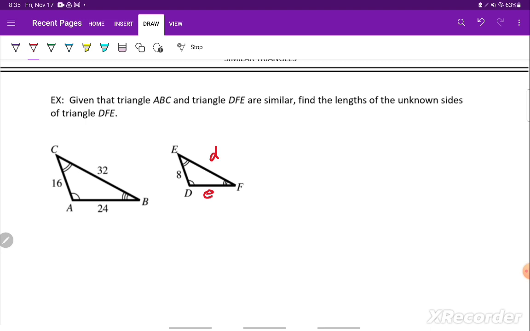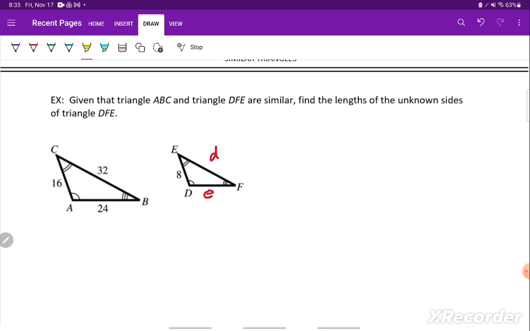We're going to solve for sides e and d by creating proportions and then solving. The way you make these proportions, there's a variety of options. This is a type of problem that I know you've seen before in a pre-algebra or a beginning algebra class.